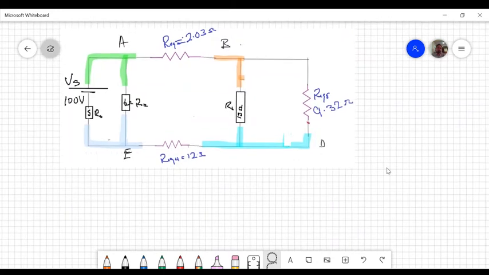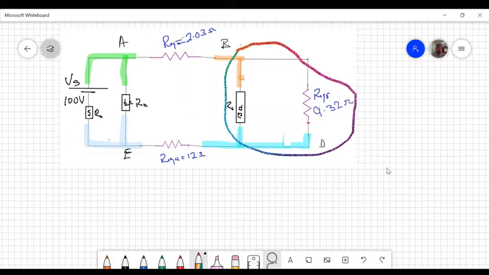Okay, so without hesitation, we proceed, and we notice that these two are in parallel, and I can combine them to form a single resistor. By now I will give you a shortcut to find two resistors in parallel. So R1 in parallel with R2.